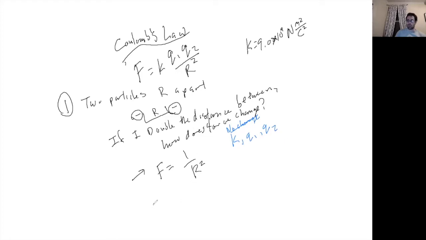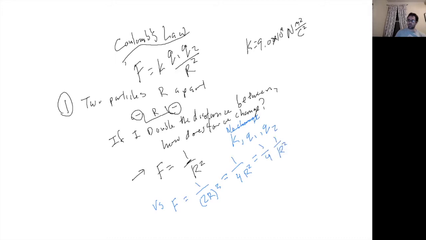So I compare that to the force equaling 1 over 2r squared. I doubled the distance, I made it twice as big, so I have to do 2r squared. If I expand that out, that's equal to 1 over 4r squared, which is equal to 1/4 of 1 over r squared.